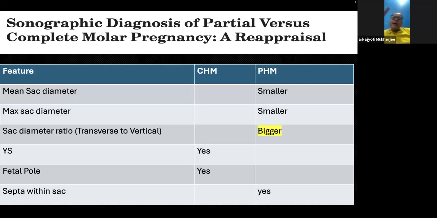Particularly no fetal part can be visible, and if some part of the placenta has some changes like hydropic changes, then we can give the diagnosis of partial mole also.